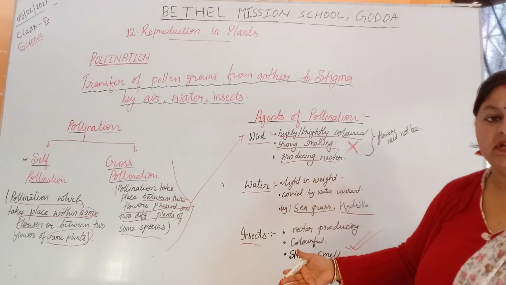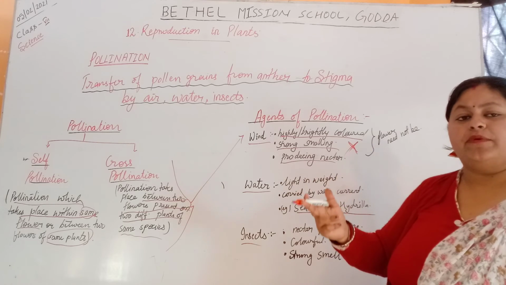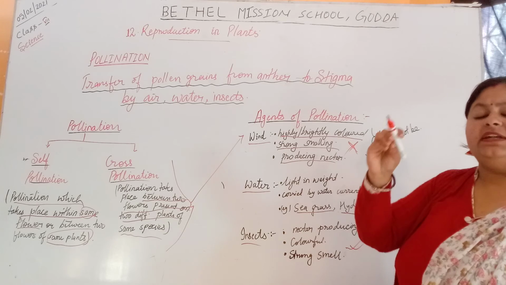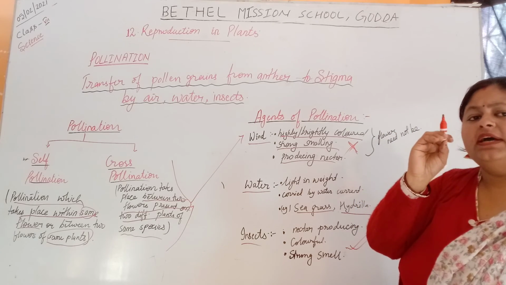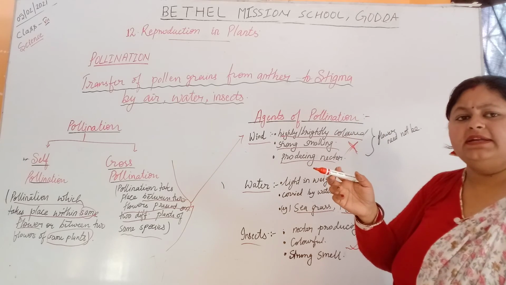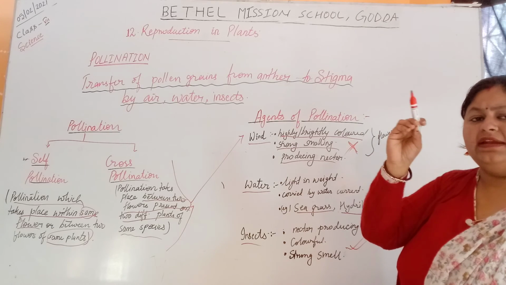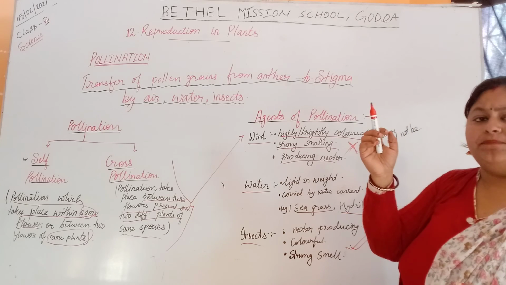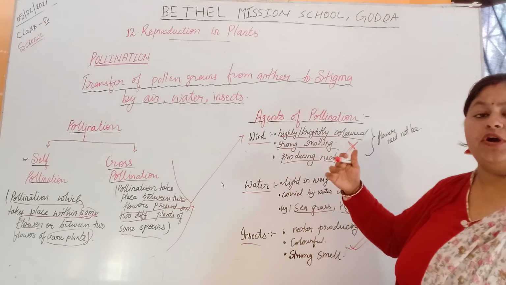Next is the insect pollinated flower. Insect pollinated flower means pollination takes place with the help of insects. When an insect is attracted by the flower, it goes and sits on the flower. What happens? The pollen grains stick to the body of the insect, and when the same insect goes to a different plant of the same species, that pollen grain falls on and sticks to the stigma of the different flower of the different plant, and pollination takes place.